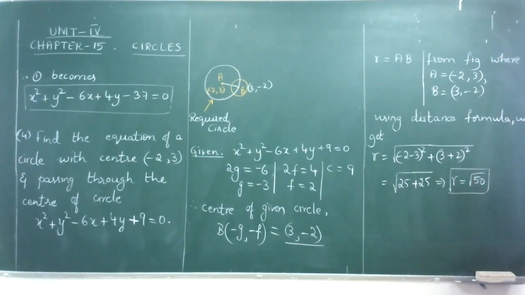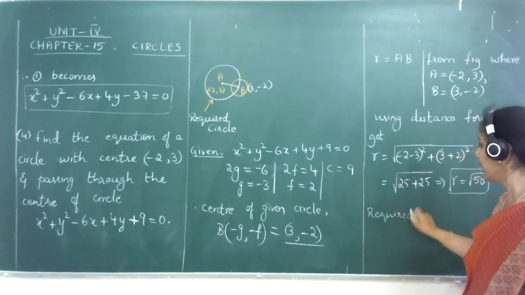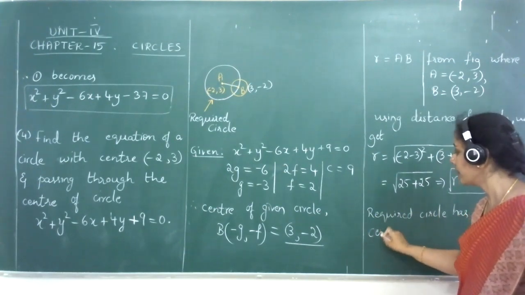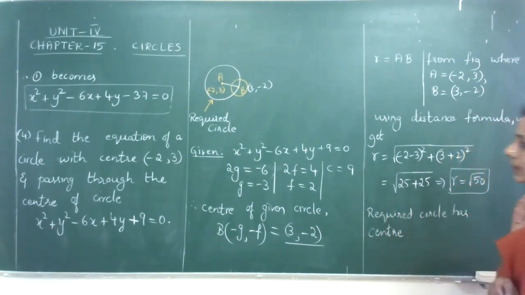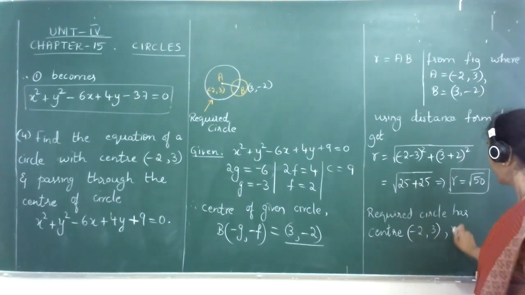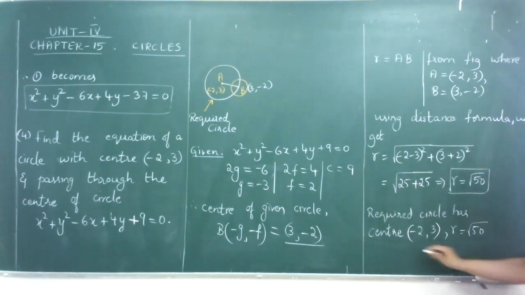So now what information do we have about the required circle? The required circle has center coordinates. Its center is known to us, isn't it? Center minus 2 comma 3, radius is equal to root 50. Now the center can always be taken as h comma k with radius r.